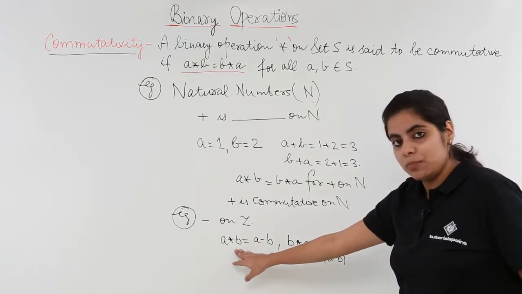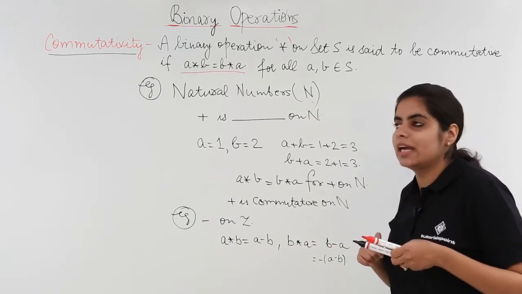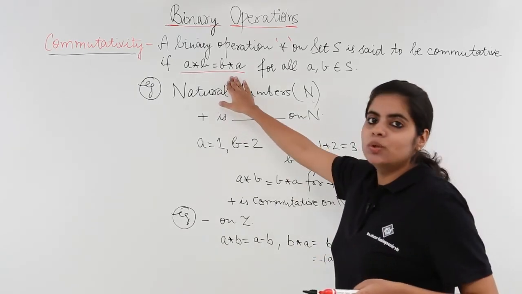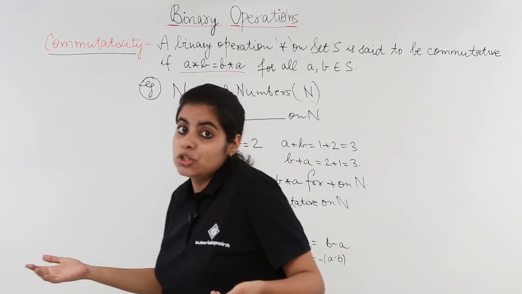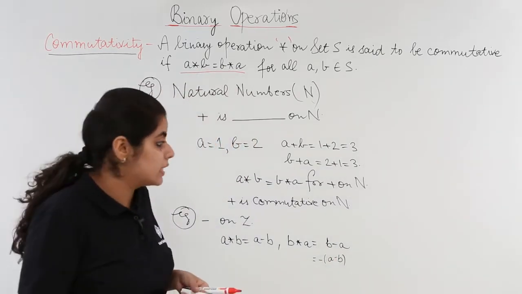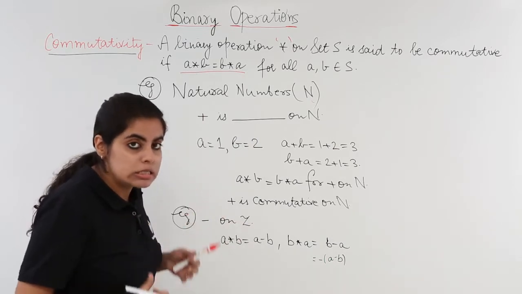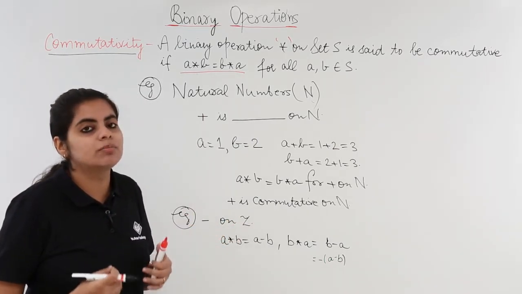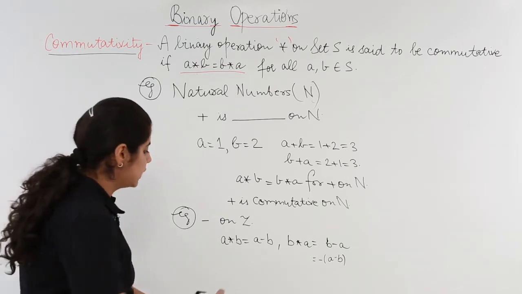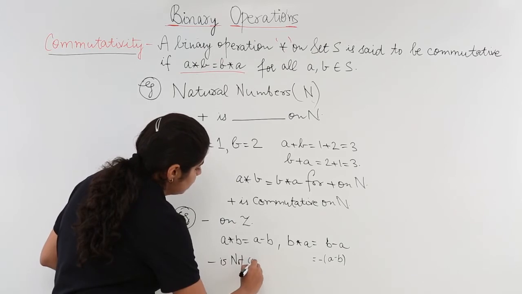So a star b is actually equal to minus of b star a, but we were not supposed to get minus, we were supposed to get exactly equal, which is not the case. So I can say that on Z, the set of integers, the minus operation is not commutative.